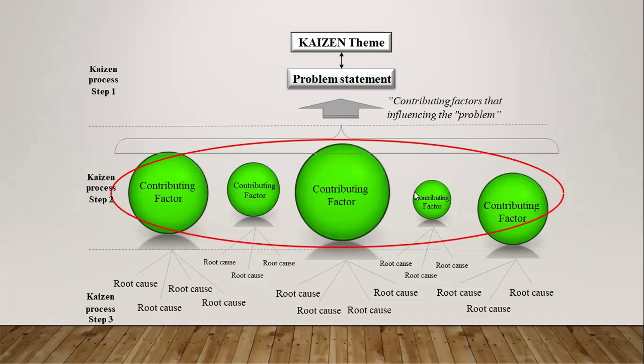And I remember we also said that depending on the magnitude of each contributing factor, the factor that carries a heavier weight is what we take to our step 3, which is root cause analysis. Using the same tool, the Pareto chart, we'll be able to see which factors carry a heavier weight to our problem. Then the root cause analysis, or step 3, Kaizen, is where we find out the reasons why the problems are occurring.